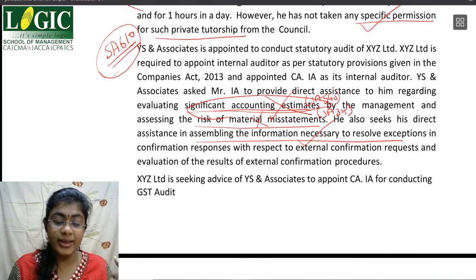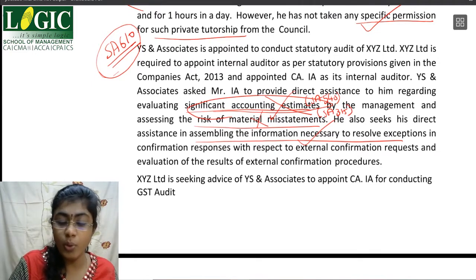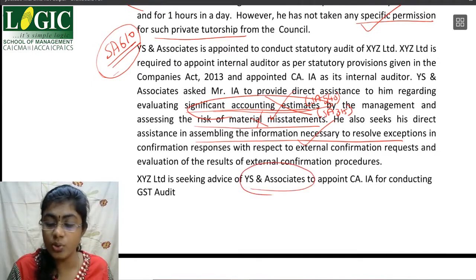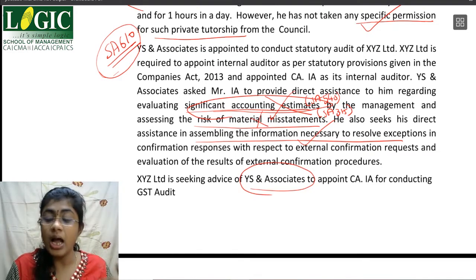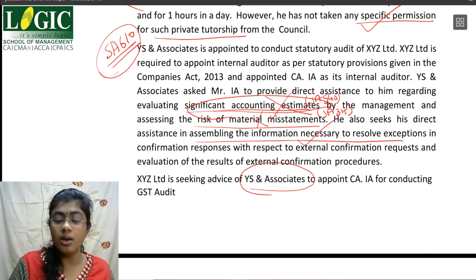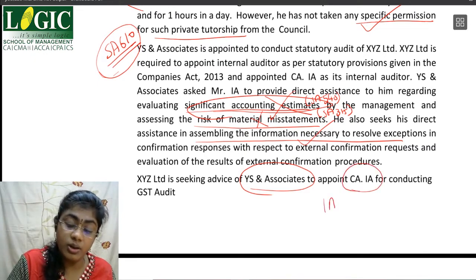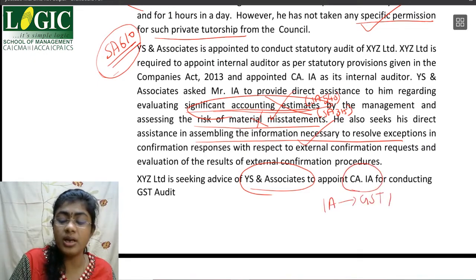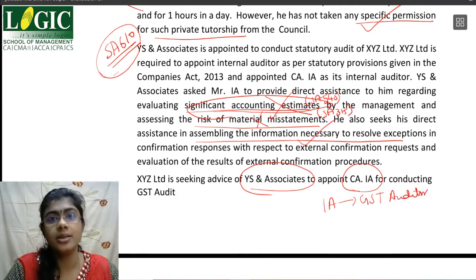Now, XYZ Limited is seeking the advice of YS and Associates to appoint CA IA for conducting the GST audit. Now, the internal auditor is to be appointed as GST auditor. Is it valid?